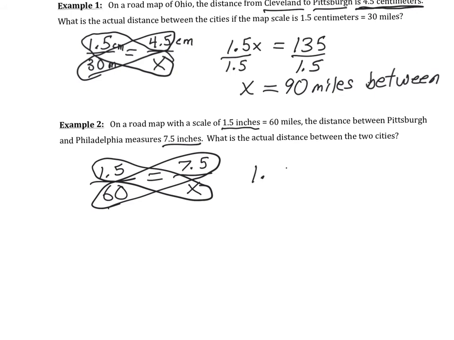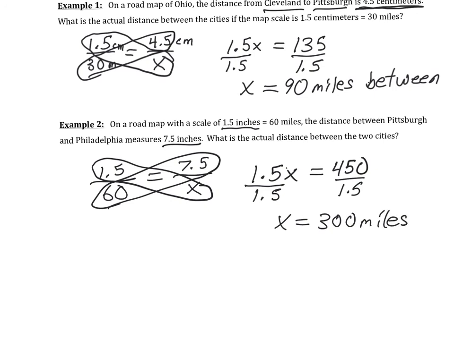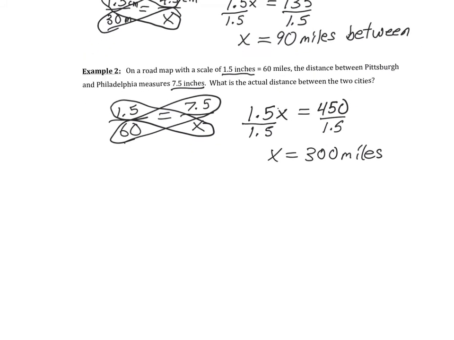So we have 1.5 times x is equal to 450. And now, again an equation like any other, divide by 1.5, divide by 1.5, I get x is equal to 300. So it's 300 miles between Pittsburgh and Philadelphia. Okay.